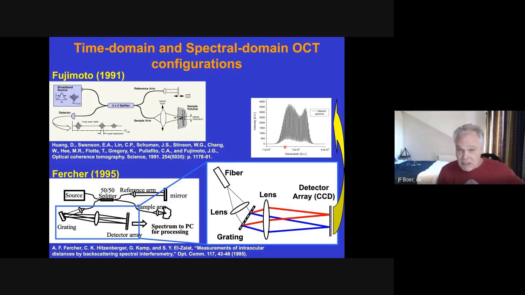And what we can see here, this is in the case where we actually have a mirror in the sample arm. So we measure the interference between sample and reference arm. We see a very rapid oscillation of the intensity. And we can understand this in the following way. Let's take a look at the peak position here.